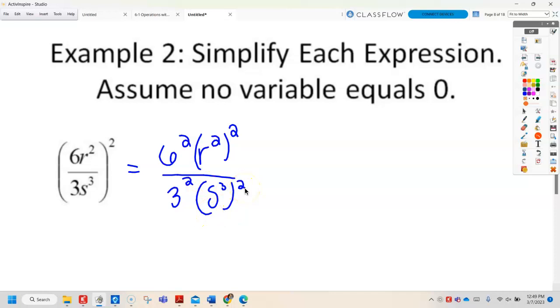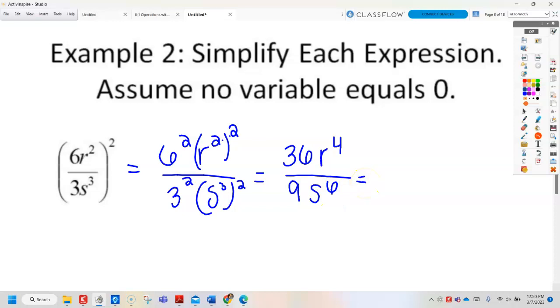So the power outside comes in as a power to every term inside. A power to a power multiplies. So you get r to the 4 over 9 s to the 6.